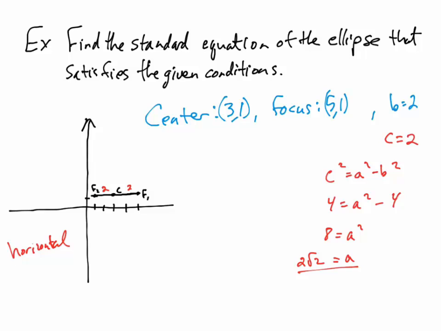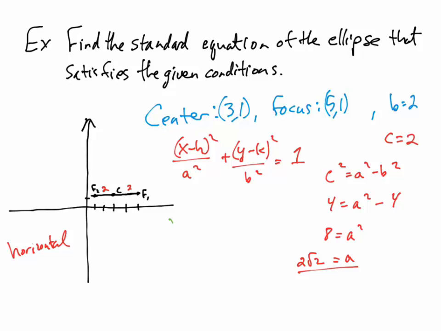Because this is horizontal, this is going to be of the form (x minus h) squared over a squared plus (y minus k) squared over b squared, and that's going to equal 1. So again, because this is a horizontal orientation, the a squared value is under the x term. Okay, so we know the center point, that's (3, 1).